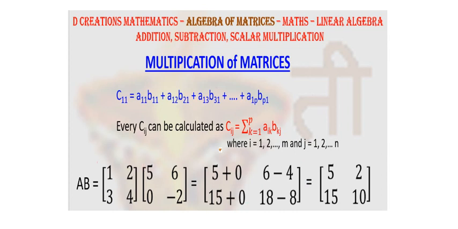So 3 into 5 is 15, 4 into 0 is 0. So this expression. And last one, 3 into 6, which is 18, plus 4 into minus 2, which is minus 8. So if you evaluate it further, 5 plus 0 will give you 5, 6 minus 4 gives you 2, 15 plus 0 gives you 15, and 18 minus 8 gives you 10.